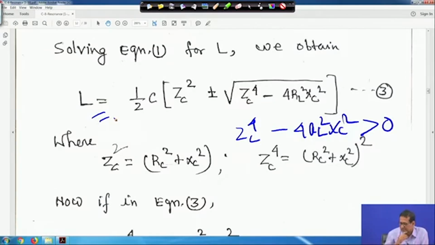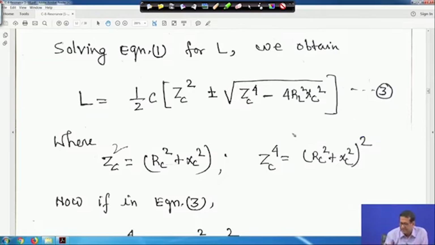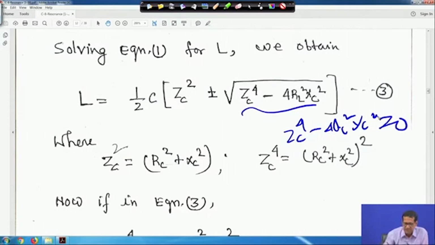Another thing is, if ZC to the power 4 minus 4 RL square XC square is equal to 0, you will have only a single value of L. But if this term becomes negative, then there will be no resonance.